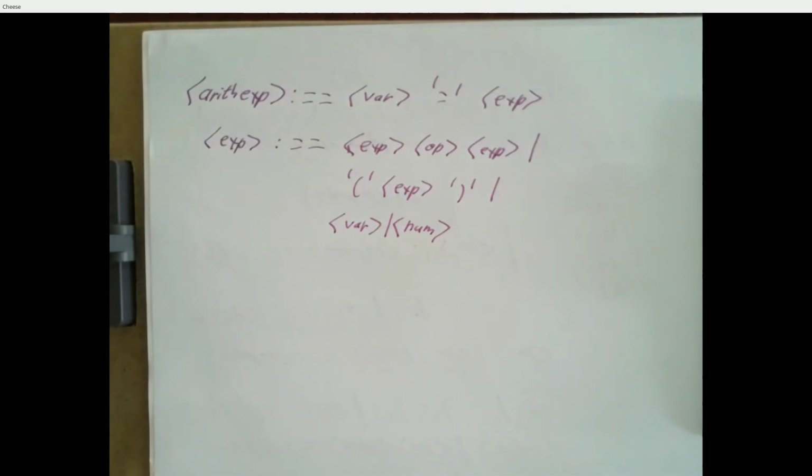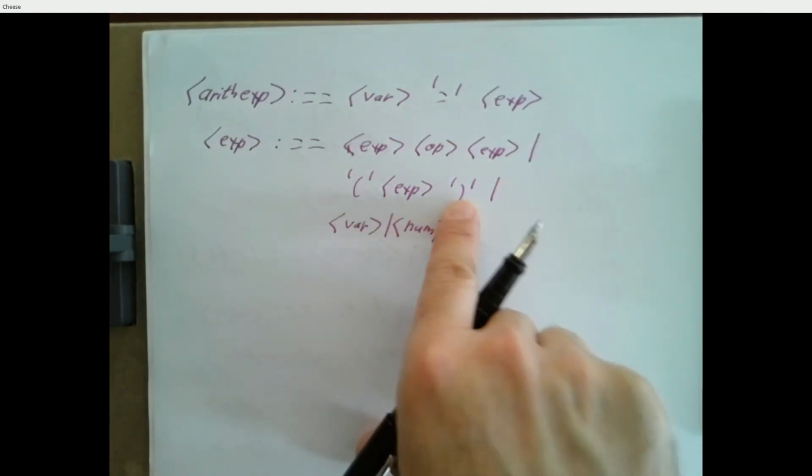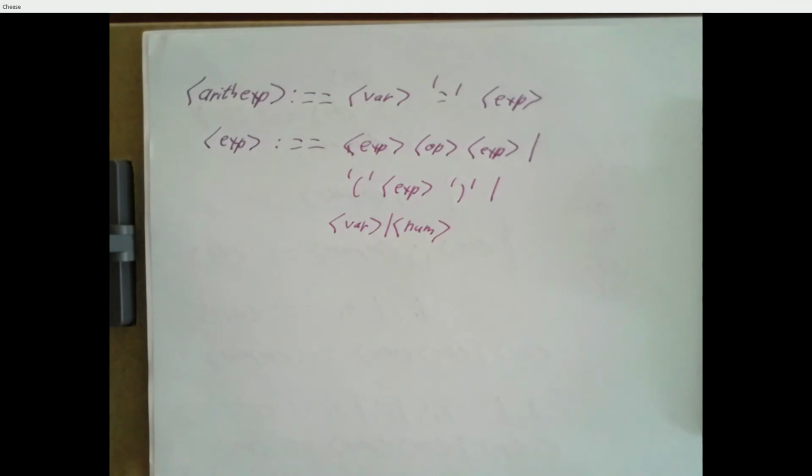And a number is like a signed integer maybe, or a floating point, or whatever we're allowing. So I've got 4 things an expression can be: an expression, an operator, an expression; or a parenthesis, an expression, a closed paren; or a variable; or a number. And this is heavily recursive, right?